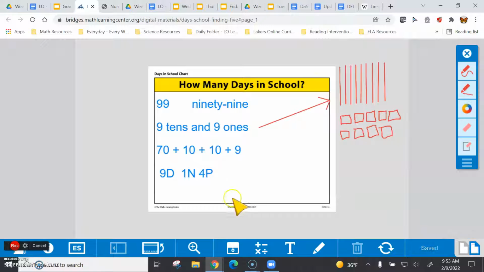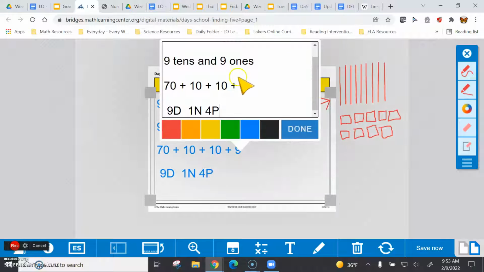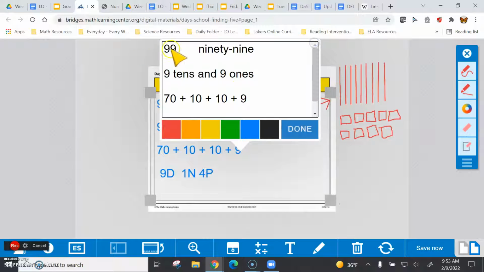Amazing. That means we change all of this information. Now, we have 100 here. We put the number word 100. 100 is equal to 10 groups of tens and 0 ones. We don't have any left over.